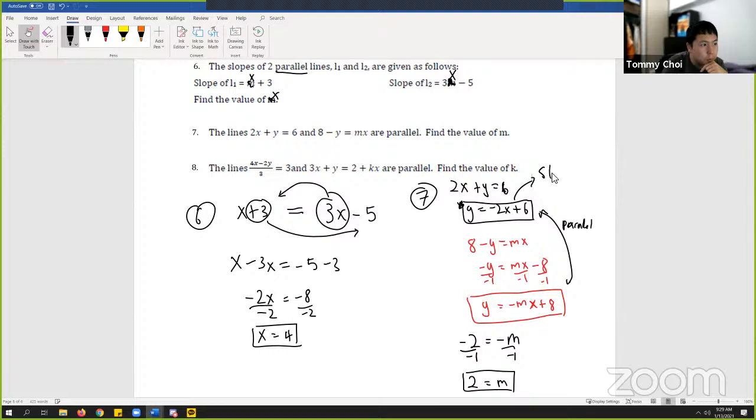Because for here, slope is negative 2. For here, slope is negative m. So that's why we can set negative 2 equal to negative m, and then just divide by negative 1 to get rid of the negative, and we get positive 2 for m.